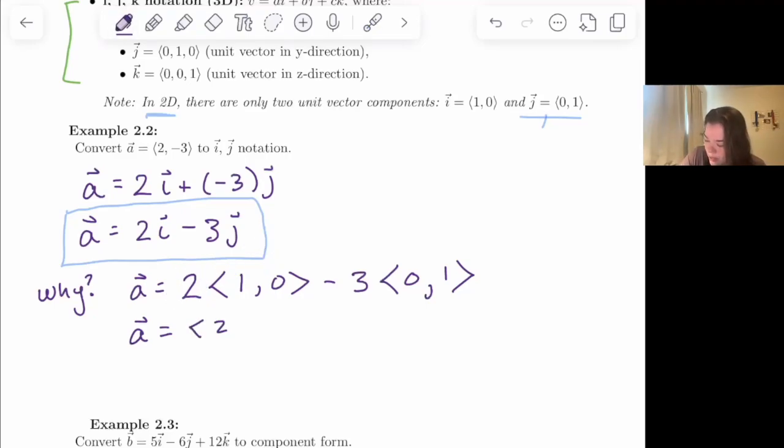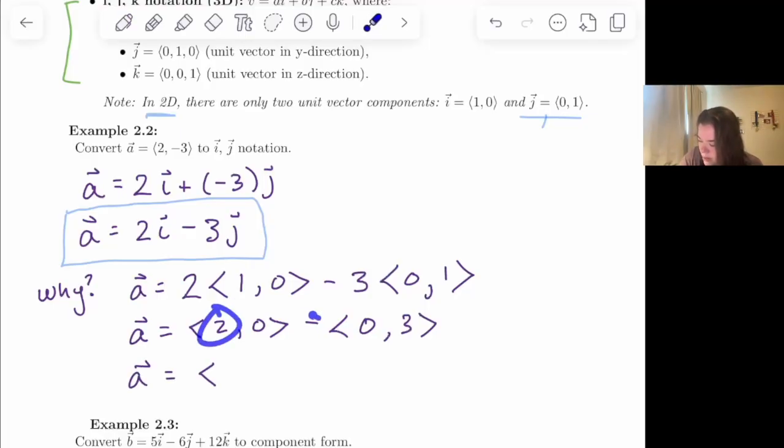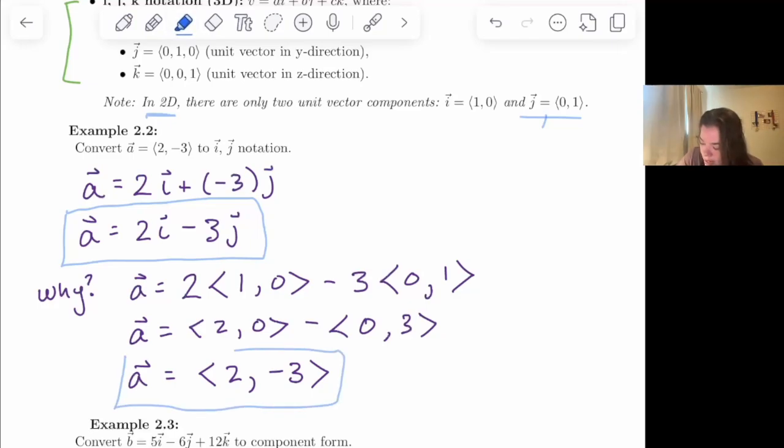So we can multiply that 2 through, minus, multiply that 3 through, and then combine component-wise. Meaning you take 2 minus 0, that'll give you your first value, and then take 0 minus 3, that'll give you your second value. So hopefully that shows you that these in fact do say the same thing based off of these definitions of what i and j are.